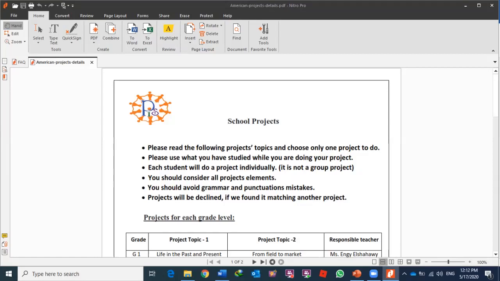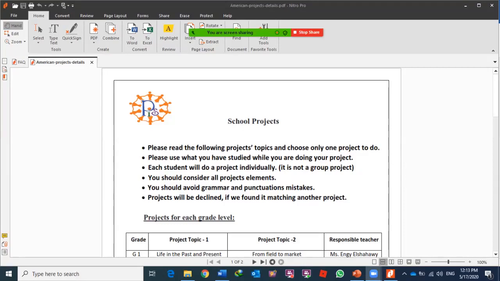Of course, you have to put at the end of your research where you got your information from. As you see here, the project will be declined if we find it matching another project. And this is what I told you about. And as I told you before, the project is in English, so you should avoid grammar and punctuation mistakes.